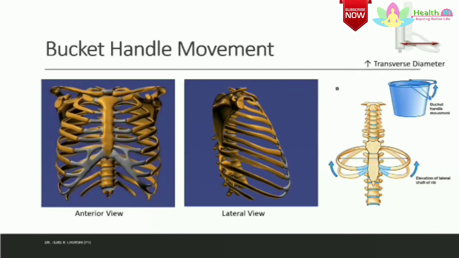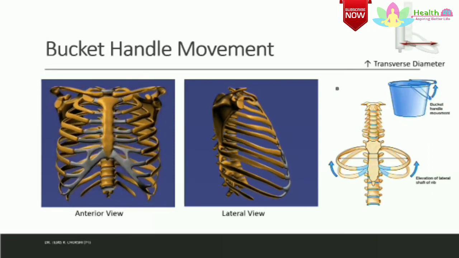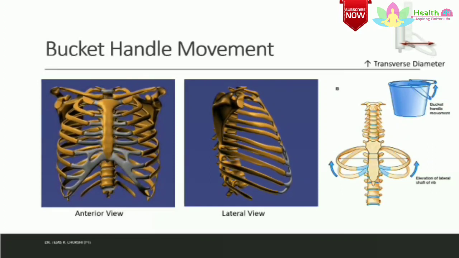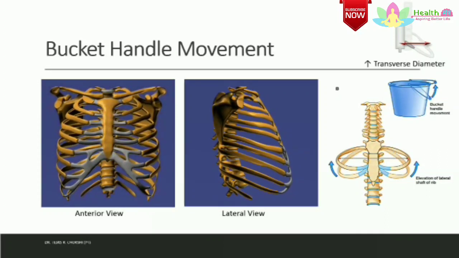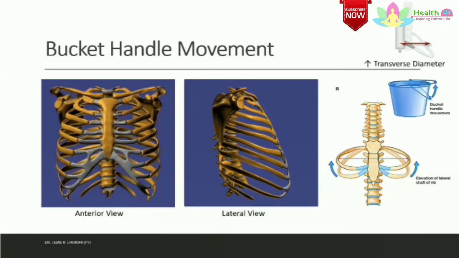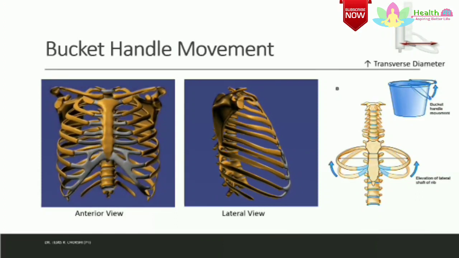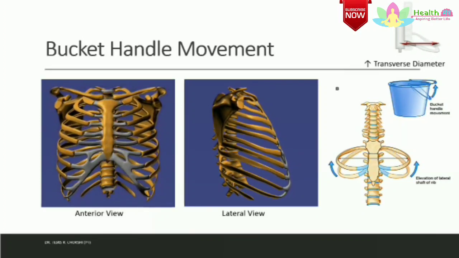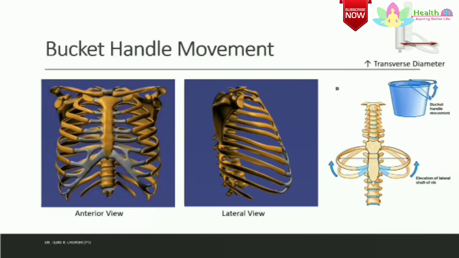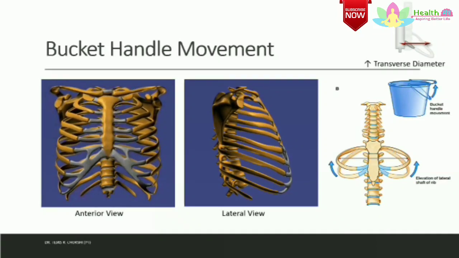Therefore, the intermediate ribs demonstrate qualities of both types of motion, that is pump handle and bucket handle. The 11th and 12th ribs each have only one posterior articulation with a single vertebra, and they do not have any articulation at the anterior aspect, and therefore they do not participate in the closed chain motion of the thorax.